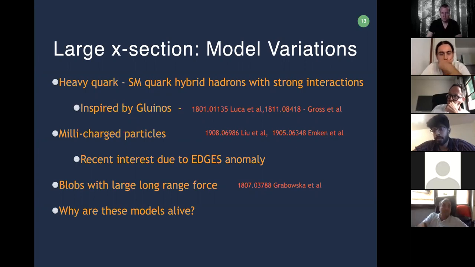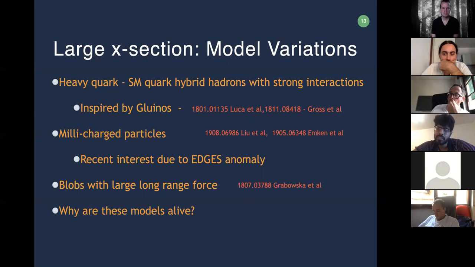Inspired by standard model nuclei, if you have a dark sector with some confining force, it should be very natural to form these gigantic objects which carry large charge, or whatever force the fundamental particle is charged under, and that should also be natural and should have large scattering with the standard model.